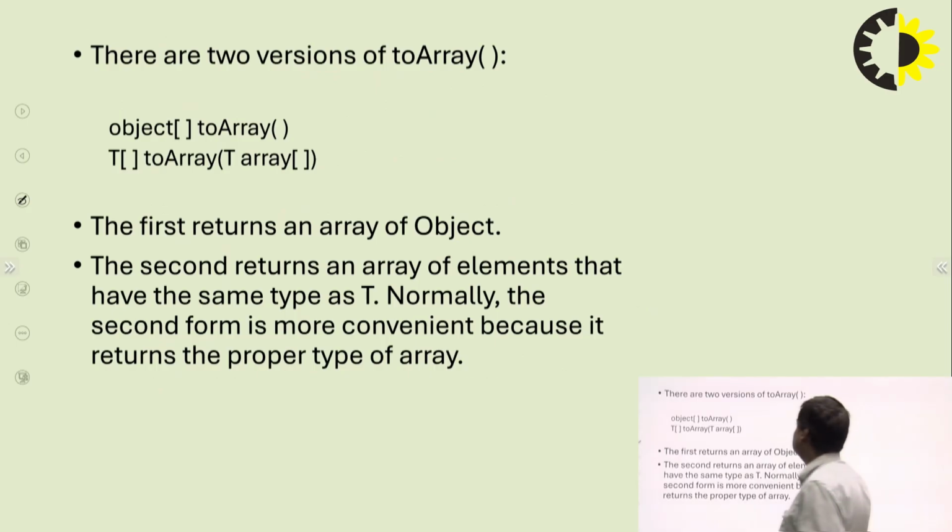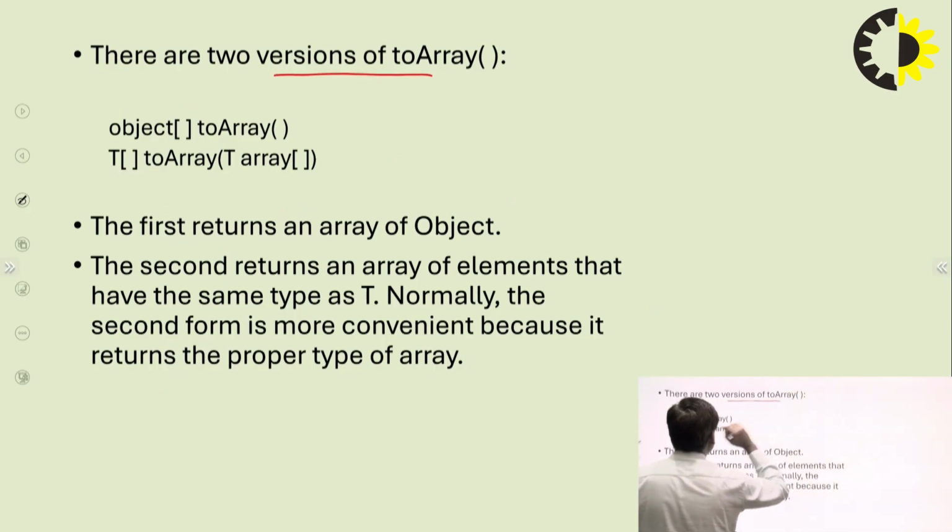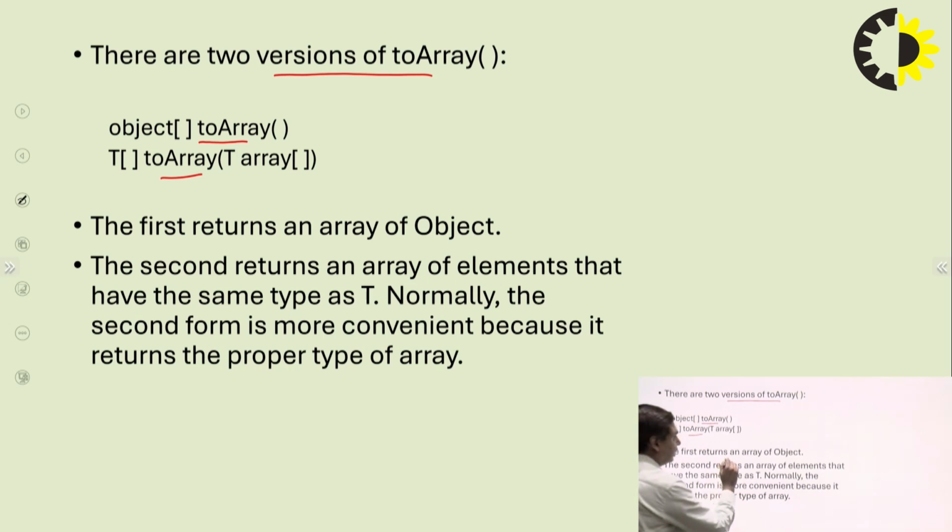Now there are two versions of toArray. Again repeating, toArray is used to convert the array list into a simple array. The first version is toArray, whose return type is Object. The second version is again toArray, in which the return type is of type T, and the argument that it receives is also of type T. The first returns an array of Object.